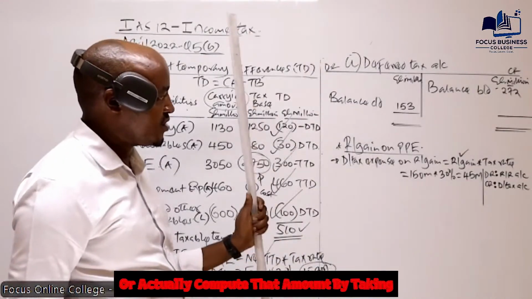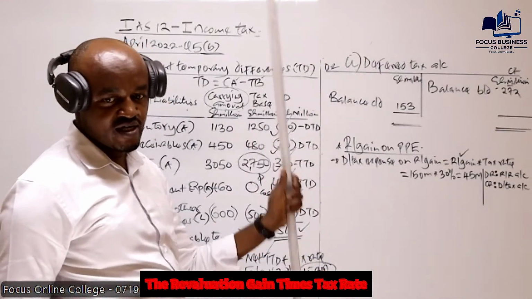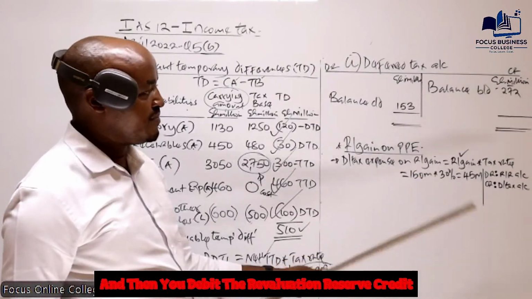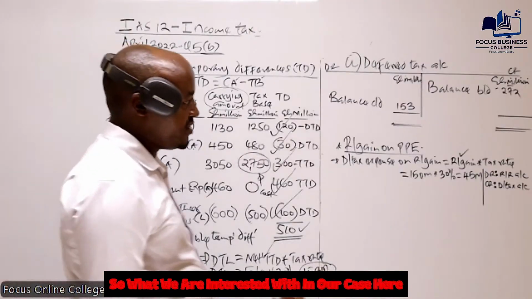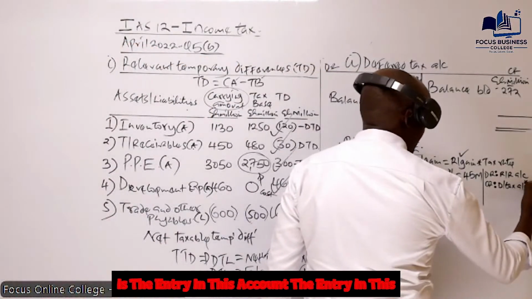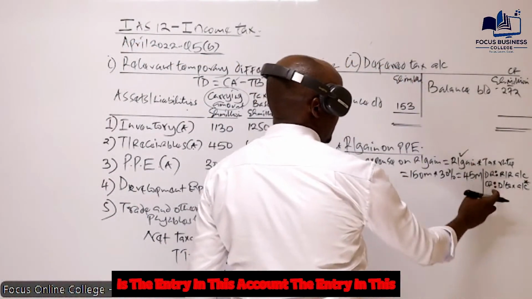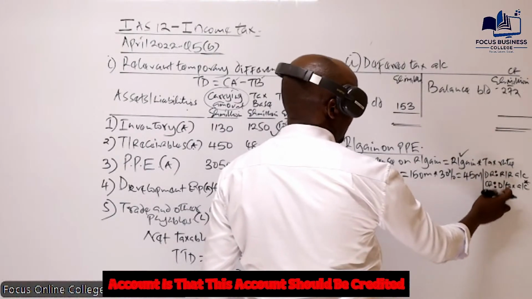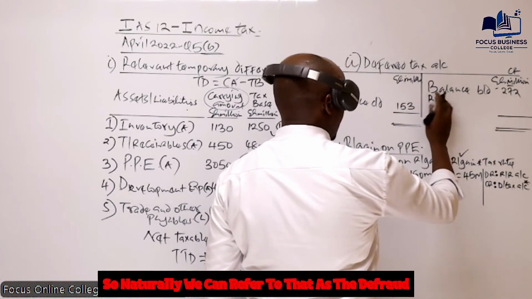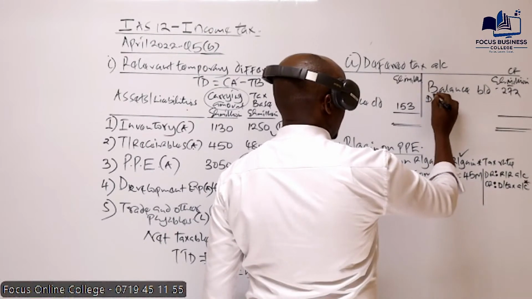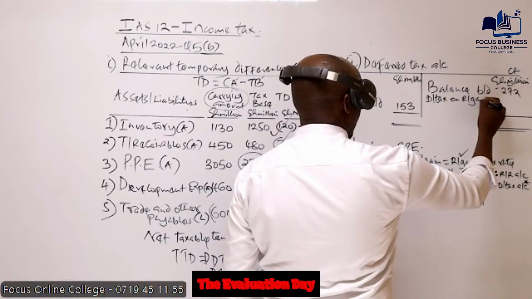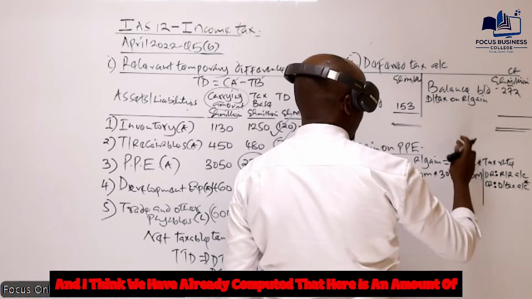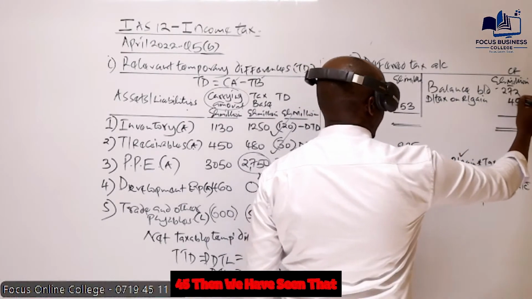You compute that amount by taking the revaluation gain times the tax rate, then you debit the revaluation reserve and credit deferred tax. So what we are interested in here is the entry in this account, which should be credited. Naturally, we refer to that as the deferred tax on the revaluation gain, which we have already computed as 45.